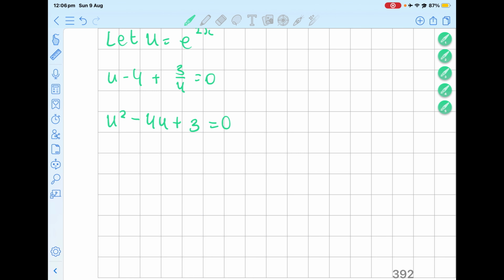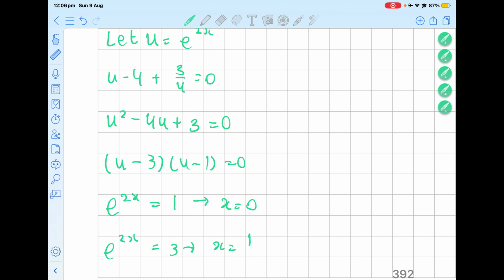So we could write this as u minus 3 into u minus 1 equals 0. So e to the 2x first of all must equal 1, so x equals 0, and then e to the 2x is equal to 3, so x is equal to half of ln 3, or you can write that as ln root 3. So these are two answers.